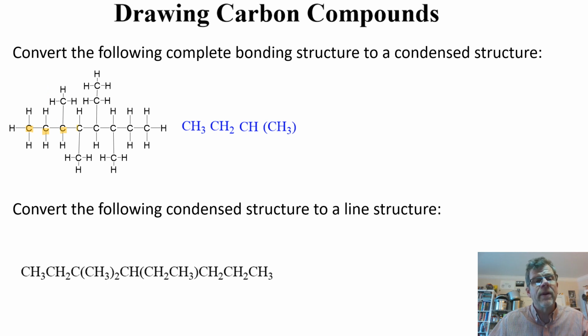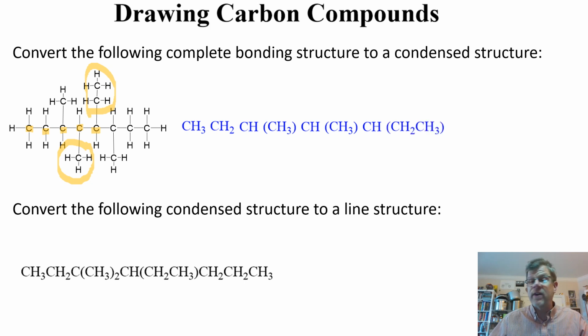The next carbon is connected directly to 1 hydrogen, CH, and it has a CH3 branch on it as well. We'll put that in parentheses. The next carbon is directly connected to 1 hydrogen, CH, and now we have a branch of 2 carbons, CH2, CH3, the entire thing in parentheses.